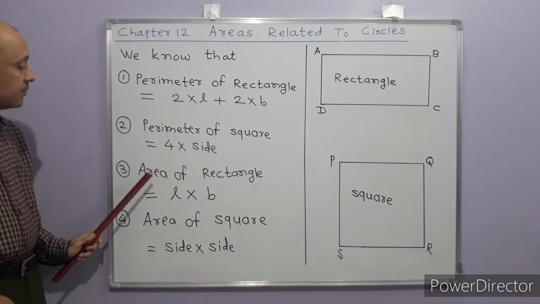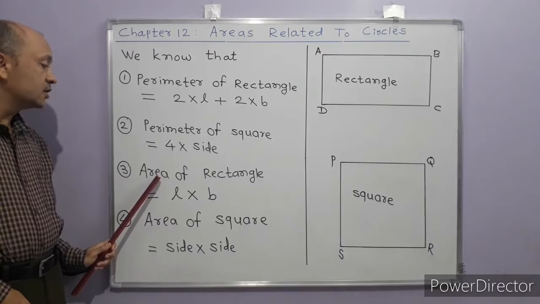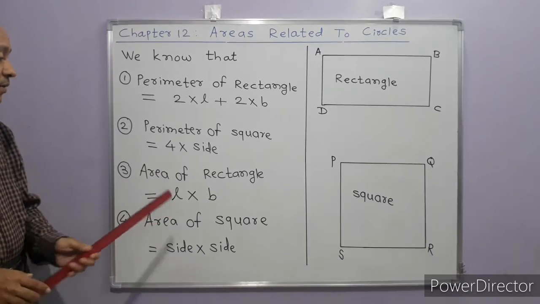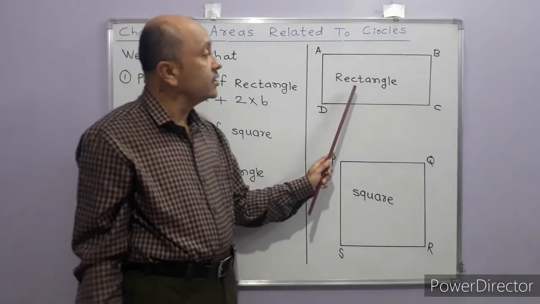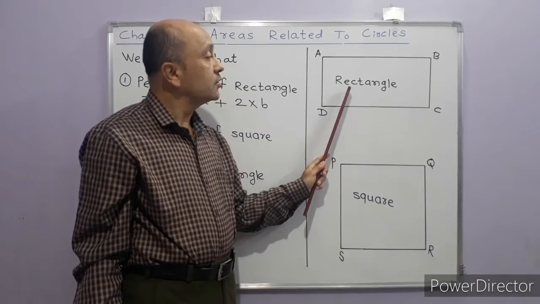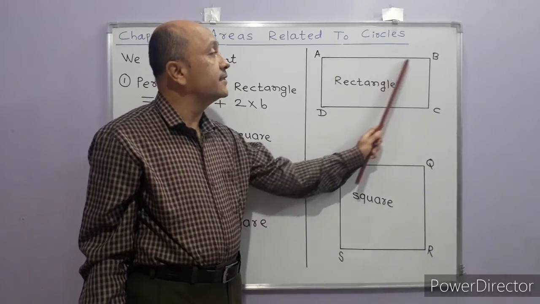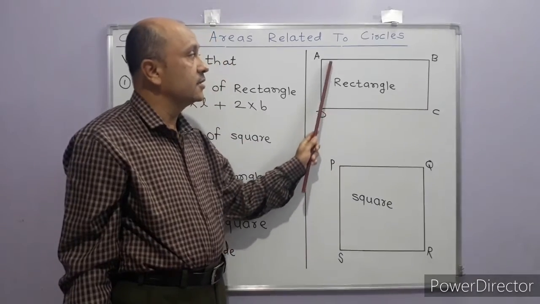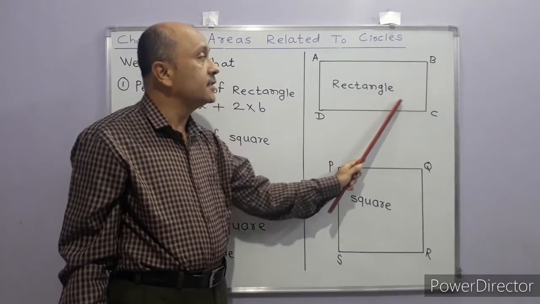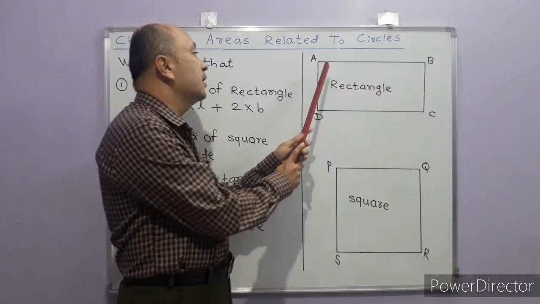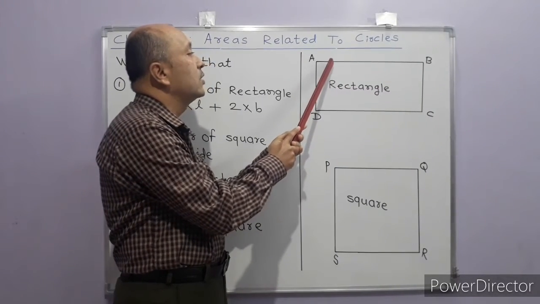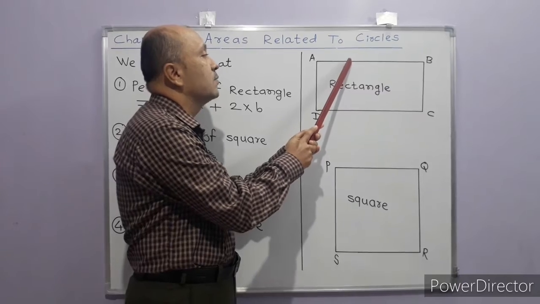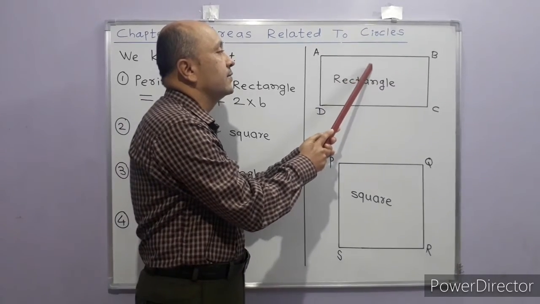Then another concept is area. That is also not new for you. So listen here, area. What does area mean? Area means to measure the space inside the figure. So make the figure, divide the figure into 1 centimeter by 1 centimeter small boxes, like on graph paper we have seen.